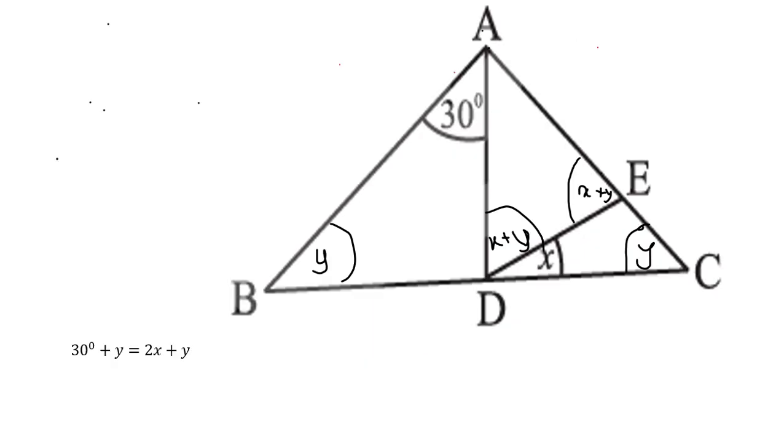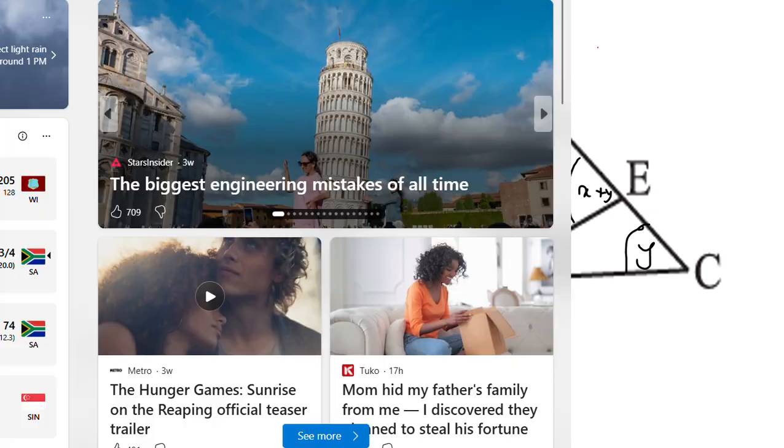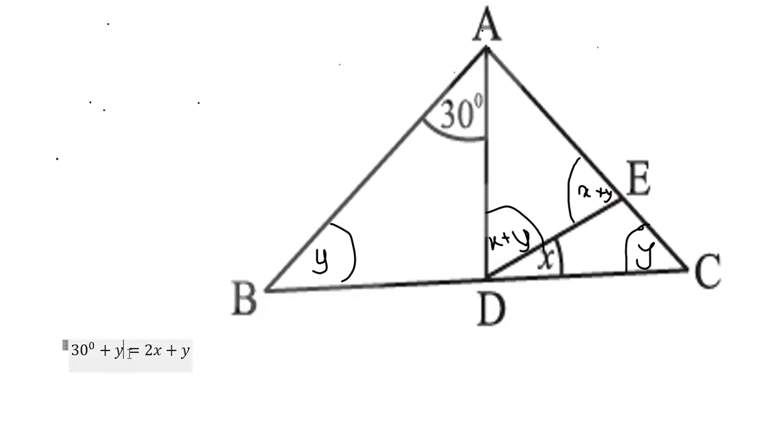Okay, so when we solve this equation, first what we can see is there is a plus y common to both sides, which means we can take those two plus y out. Okay, so now this is actually a really simple equation.